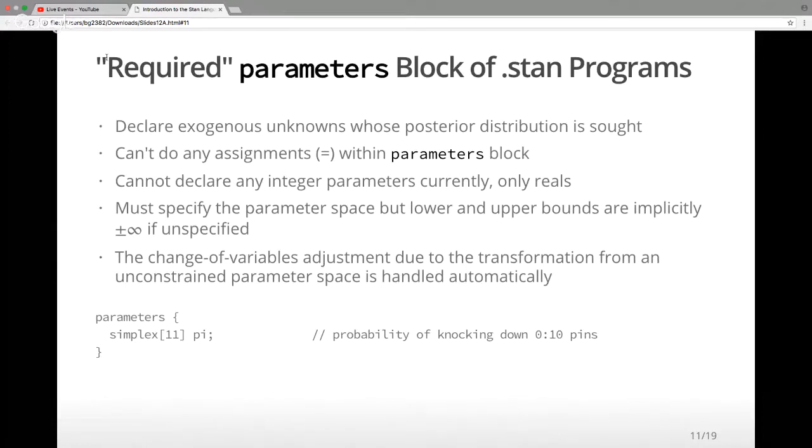But there's not that many situations in which you're writing down a model where you're going to need to do that. Anyway, in this case, we only have one parameter. It is the simplex vector pi of size 11, and it corresponds to the probability of knocking down 0 up to 10 pins in the corresponding element of pi.